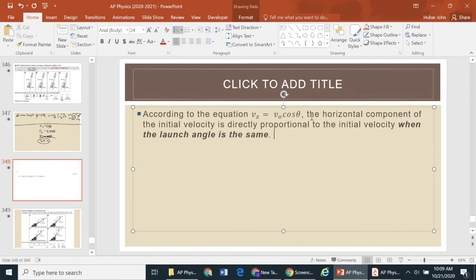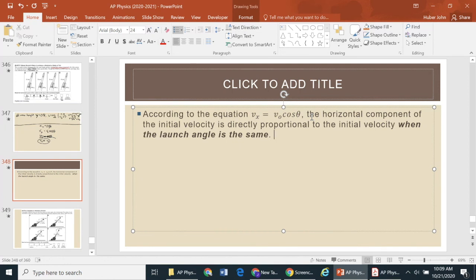Important to realize here, what you just said, that the horizontal component of the initial velocity is directly proportional to the initial velocity, is not true if the launch angles are different. It's not necessarily true. It depends on both. But when the launch angle is the same, we see that pure direct relationship.